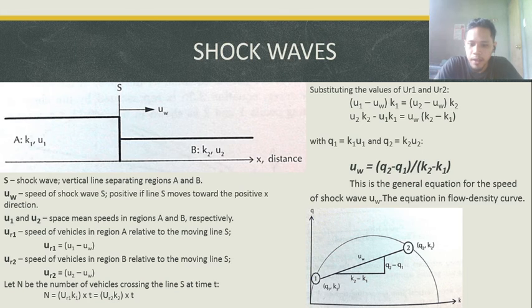Here in the lower right side, the general equation can be represented in the flow-density curve. Here the slope is U sub W, the vertical component is the flow, and the horizontal component is the density.